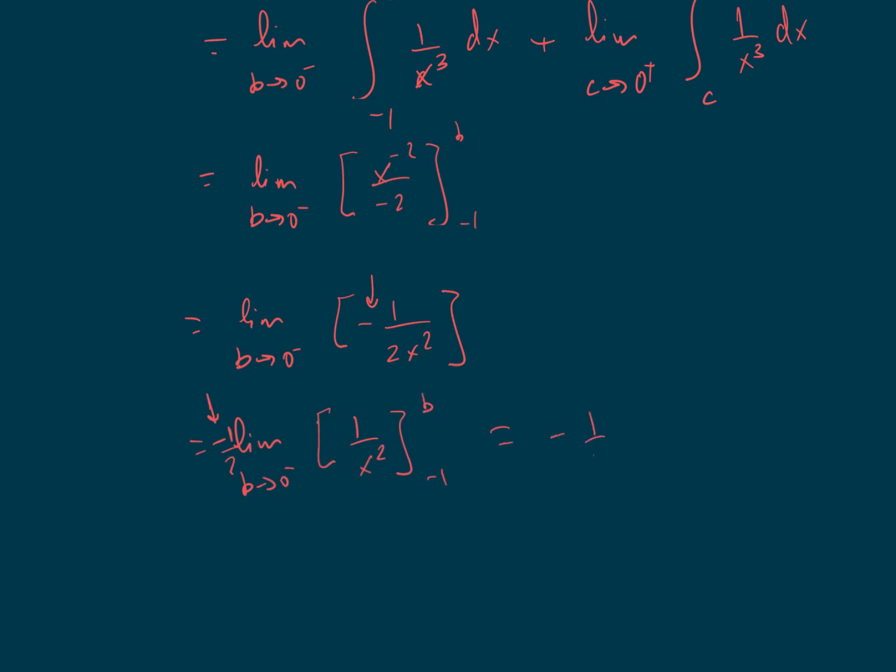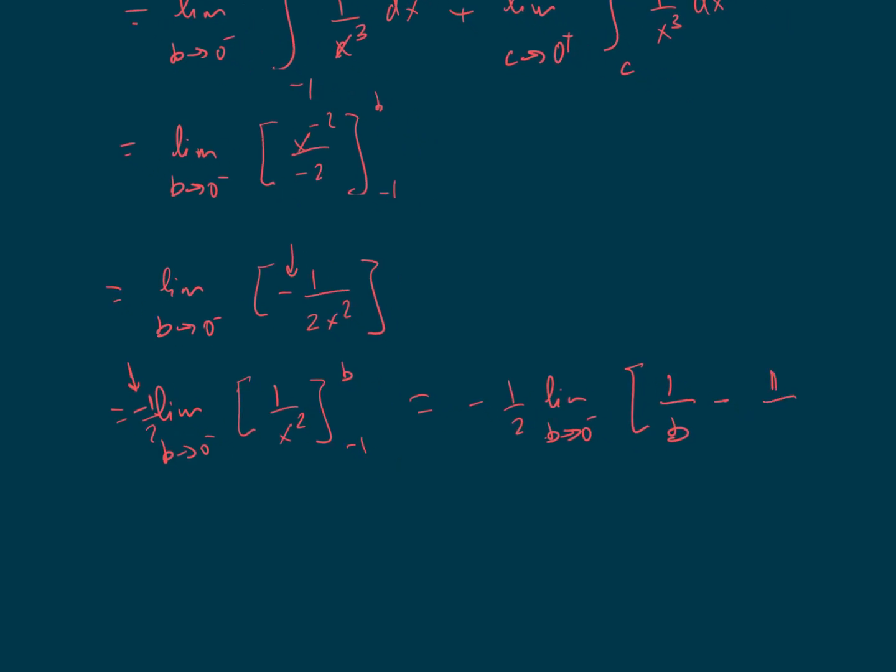So it would be minus 1/2 multiplied by the limit when v goes to 0 minus of 1 divided by v squared minus 1 divided by minus 1 squared. So it will be equal to minus 1/2 times... When v goes to 0, this goes to infinity, and this is, of course, 1. So the whole thing will go to minus infinity, it will diverge.